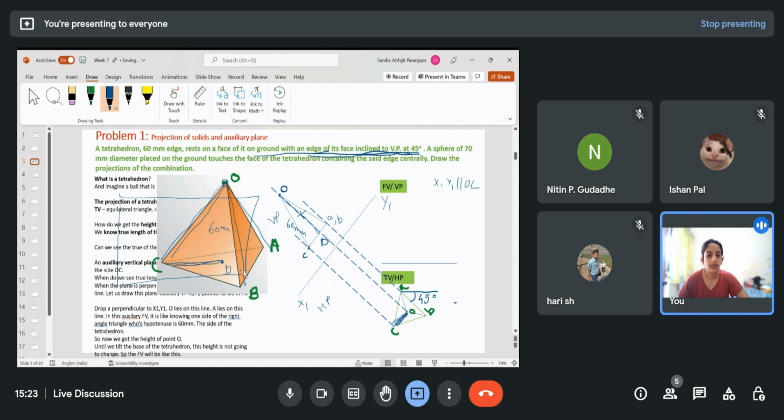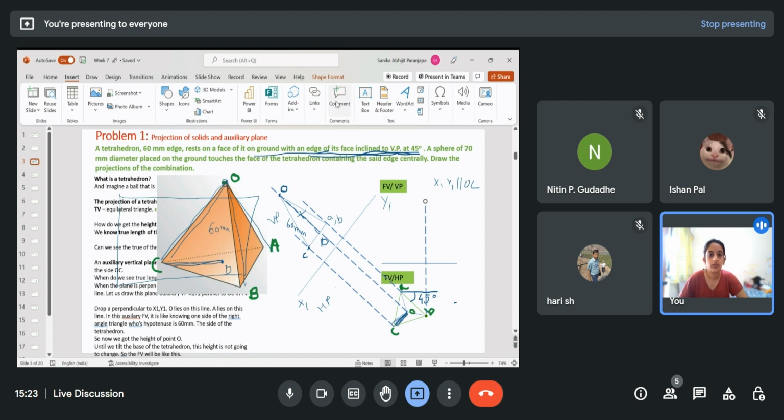So similarly, if I draw the projections from here, I'll project this point B in the vertical plane like this. I'll change the color for this line so that it does not become confusing.